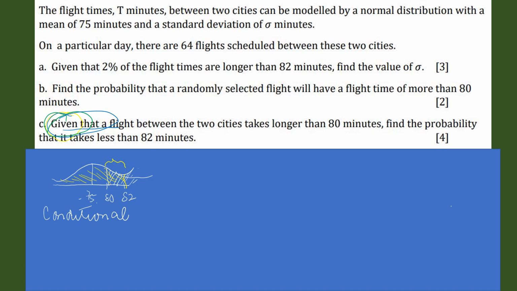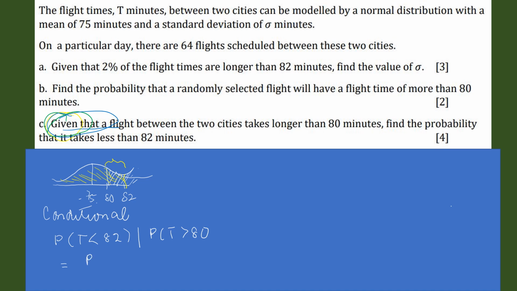To write this simply, it means we're looking for the probability that our time, x t, is less than 82 minutes given that the time is greater than 80 minutes.